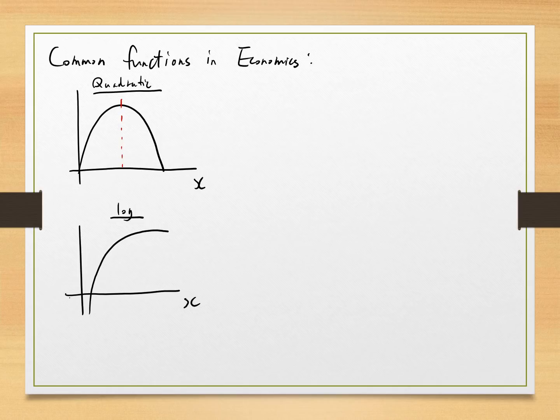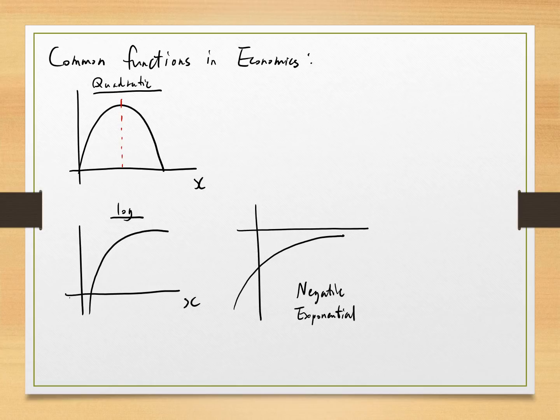And one more that is very common is the negative exponential function. So these three functions are very common in economics, including financial economics. Why are they so attractive?